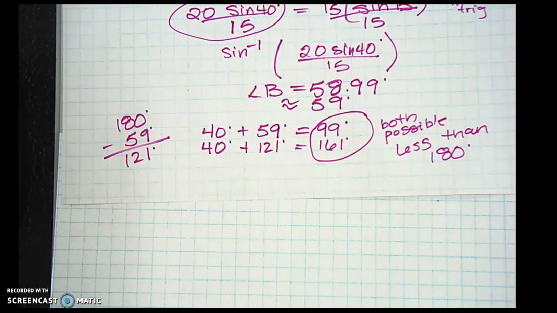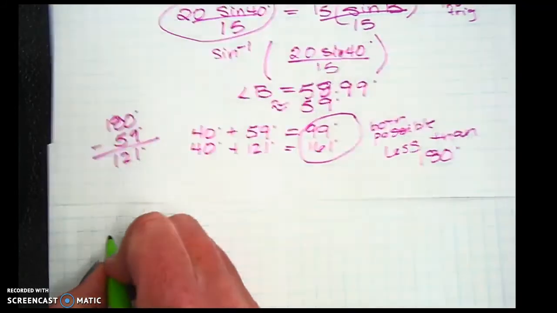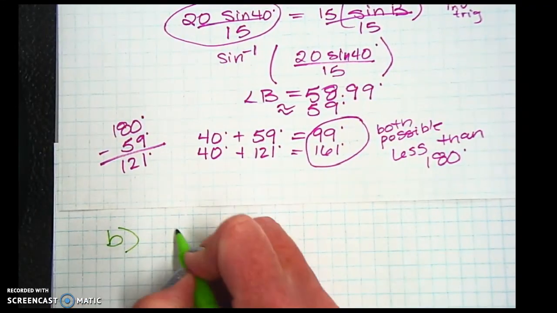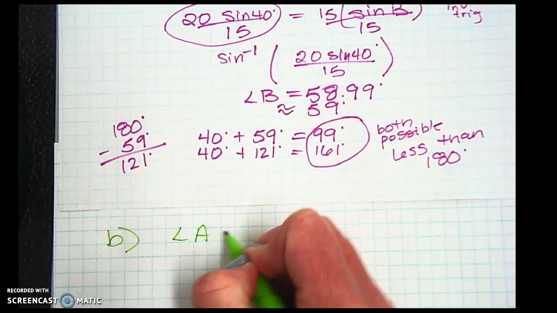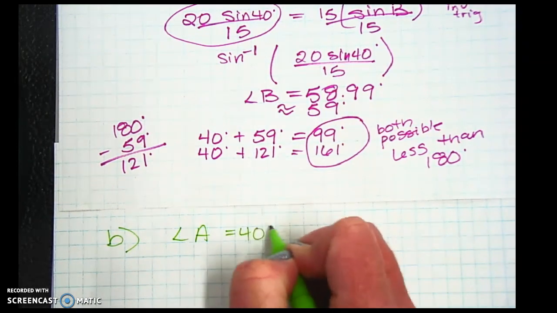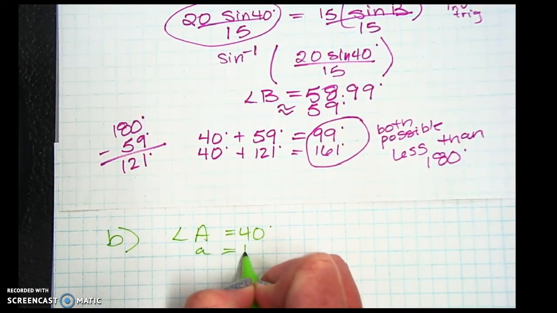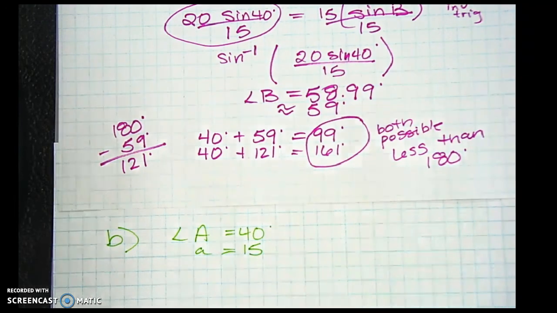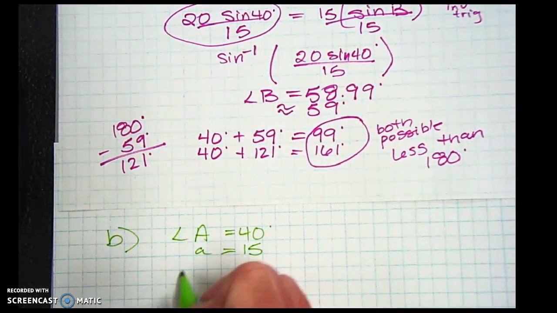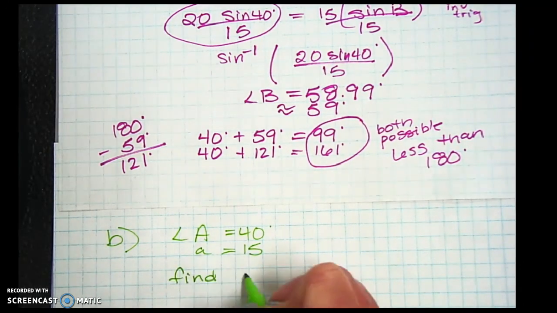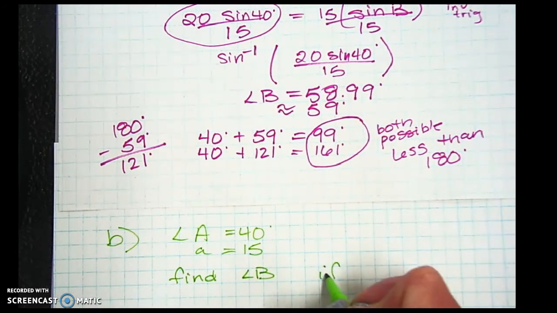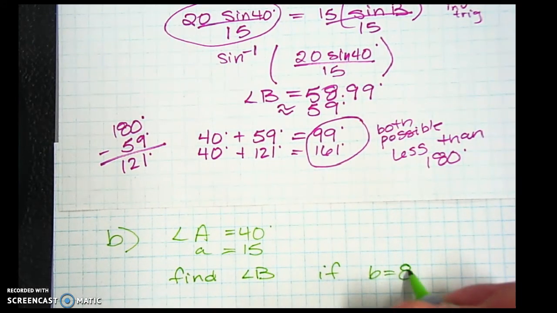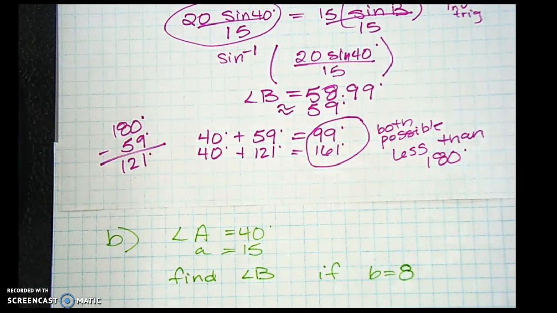Okay. So now, part B, we're still going to have angle A at 40 degrees. We're still going to have side A at 15, but this time we're going to change the length of B. So we're still going to find angle B, but this time B is going to be equal to 8 instead of 20.